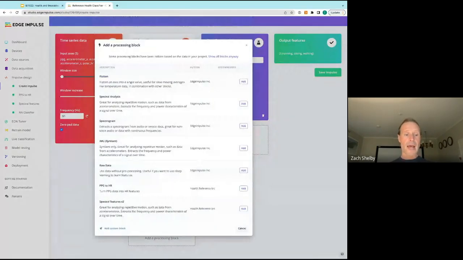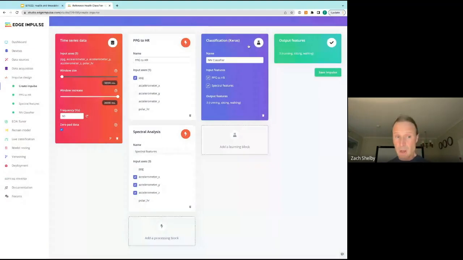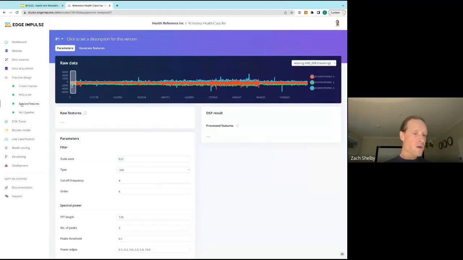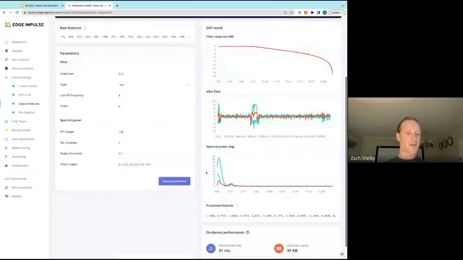We have whole libraries of different spectral features, PPG, dealing with IMUs, dealing with audio spectrograms, all kinds of out-of-the-box things that just work. And you literally just click them together and start using them. Some of them don't have much configuration, so there might be a little bit of low band, high band config that you need to tweak.